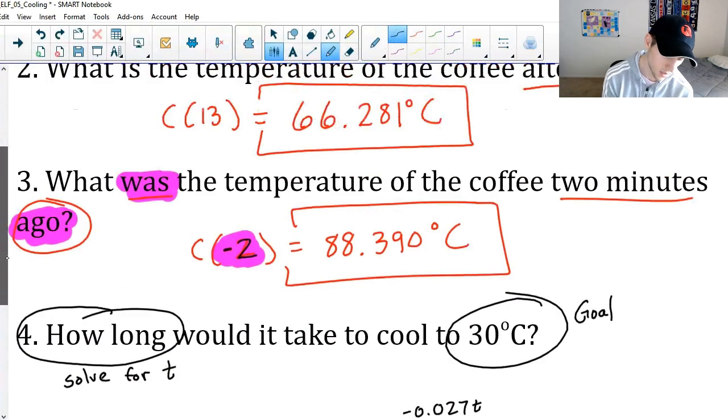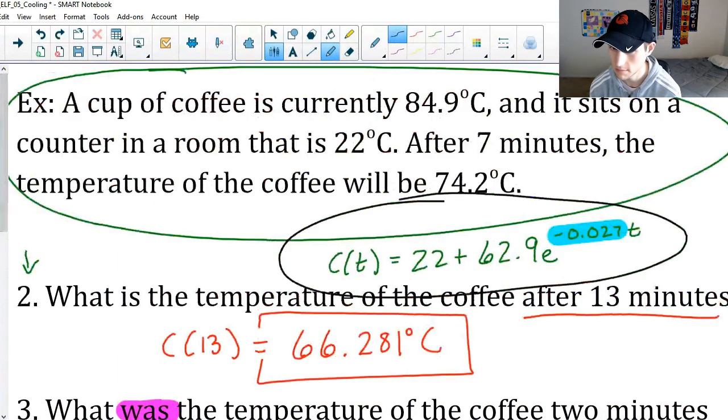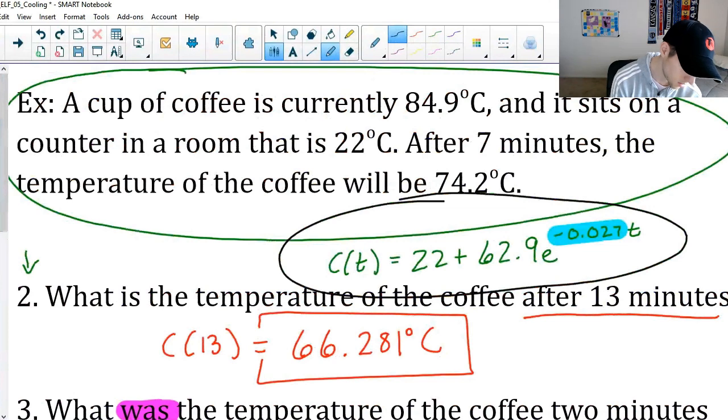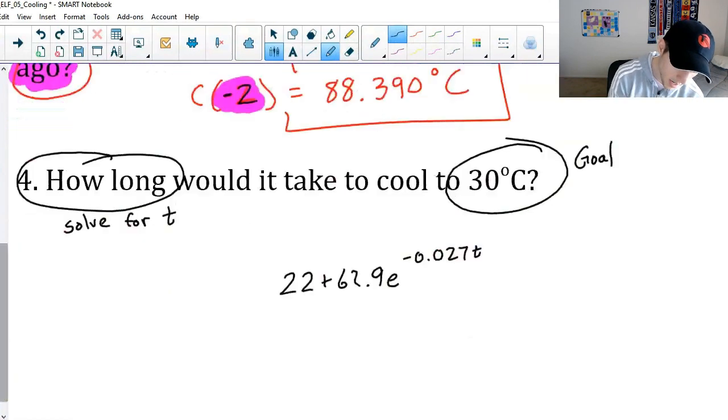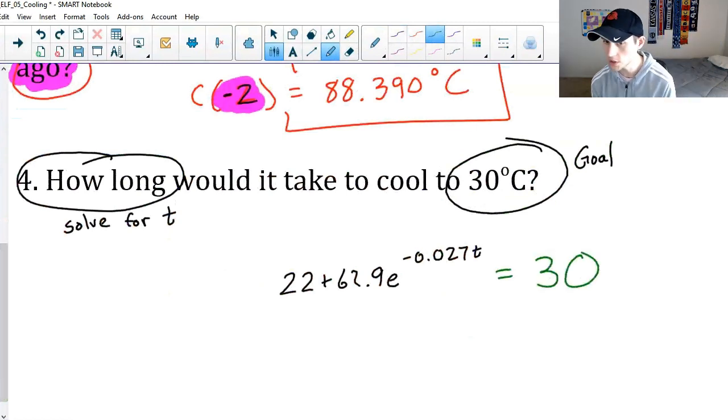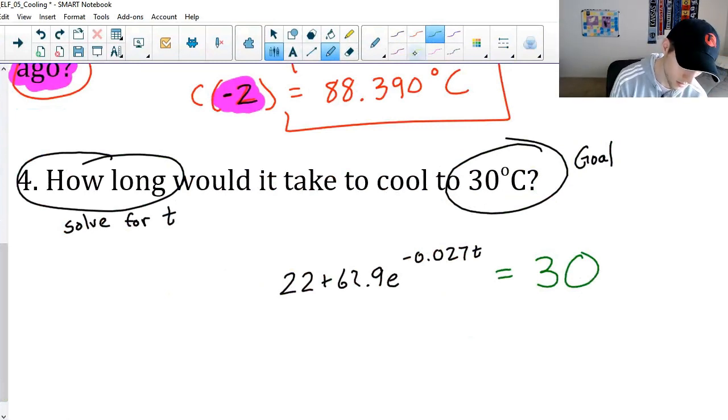That's exactly this: 22 plus 62.9 e to the negative 0.027 times t. Okay, but now I want to specifically know, when is this going to reach 30? So we solve.